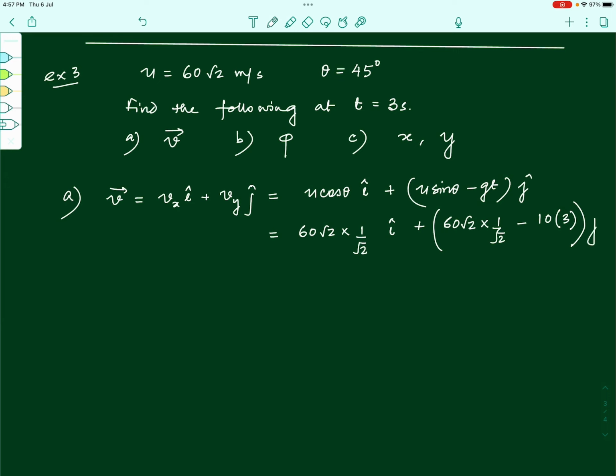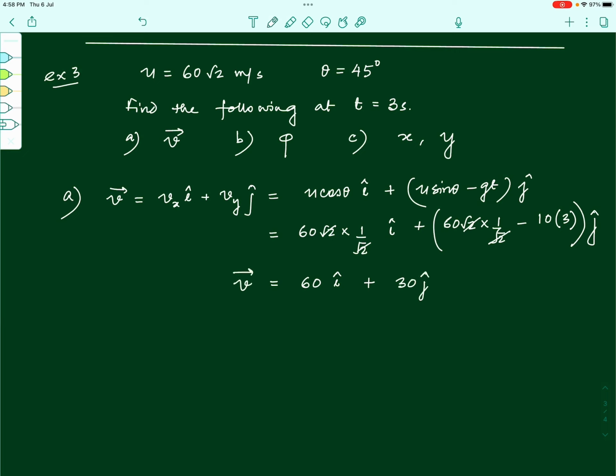This all multiplied by j cap. Solve them. Root 2 cancels out to give you the velocity component along the x axis as 60 i cap, plus the next term will be 60 minus 30, or 30 j cap. So, this is our velocity vector.